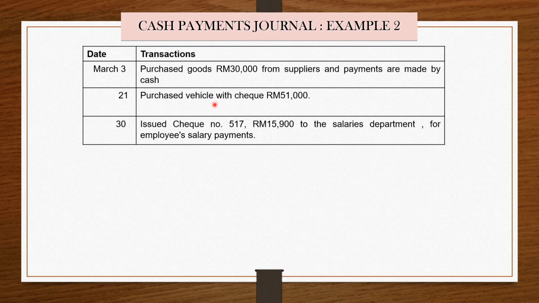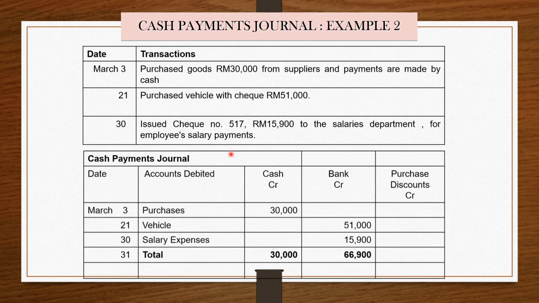Second one, purchase vehicle with check Rm 51,000, and the last transaction, 30th of March, issued check number 517 Rm 15,900 to the Salaries Department for employee salary payment. So we have to record all the payments, whether paid by check or cash, in cash payment journal.